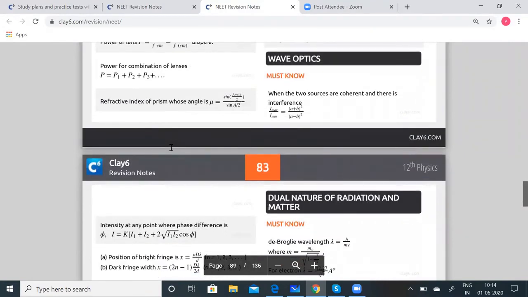Next is wave optics. So these two lessons are very, very important, children. They have a weightage of 4%, so you can expect at least 2 questions from this particular lesson. It is a very important lesson you have to know.